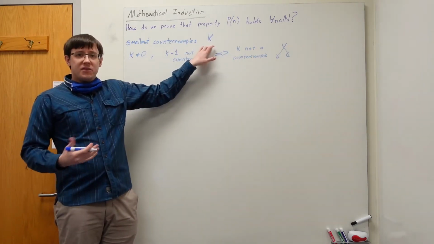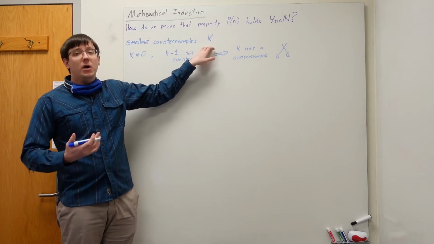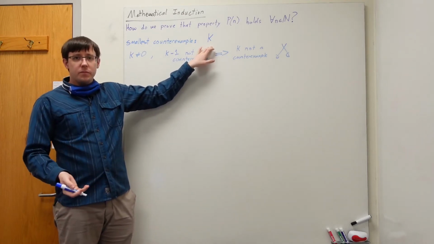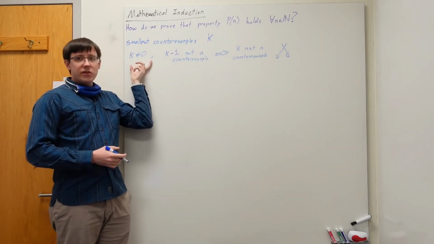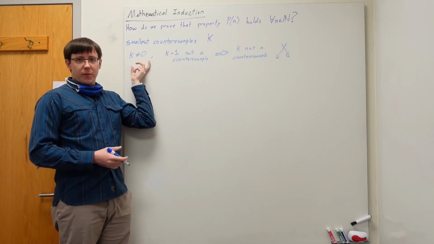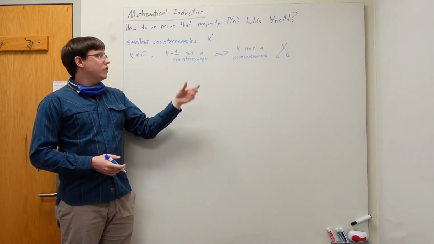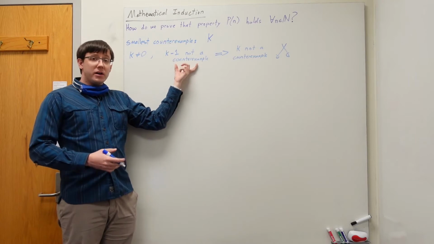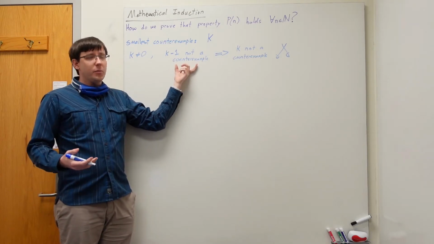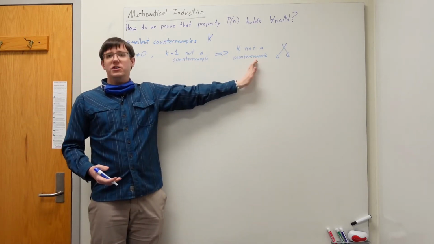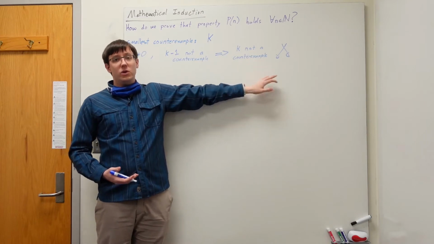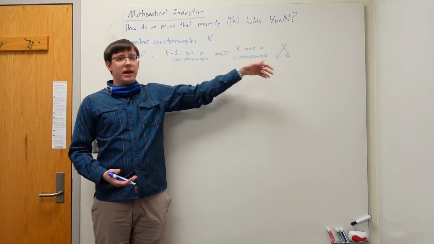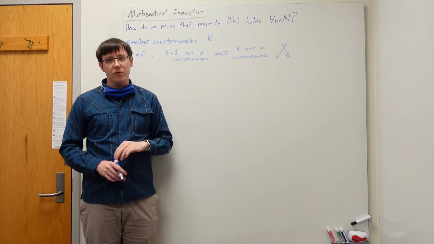So we hypothesize the existence of a smallest counterexample k. Then we show that 0 can't be that smallest counterexample. And then we show that if k minus 1 wasn't a counterexample, then k also can't be a counterexample, which gives us a contradiction and shows that there can't be a smallest counterexample.